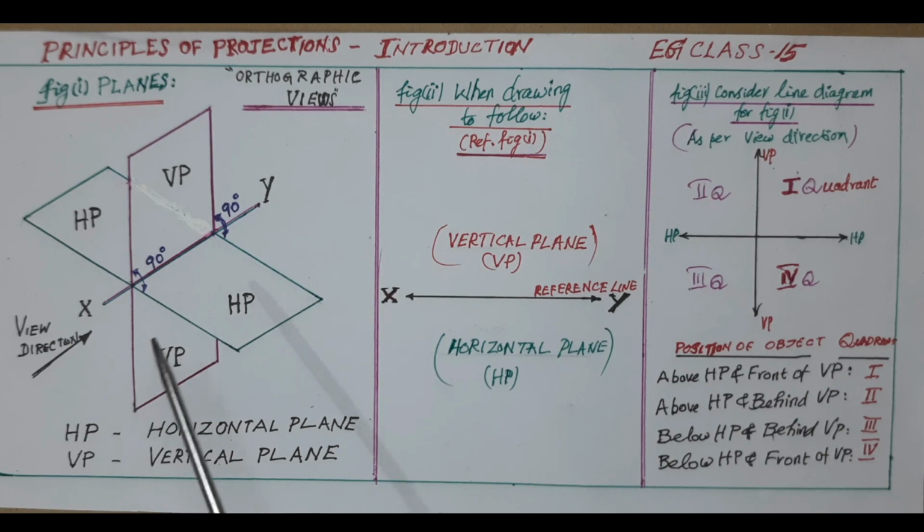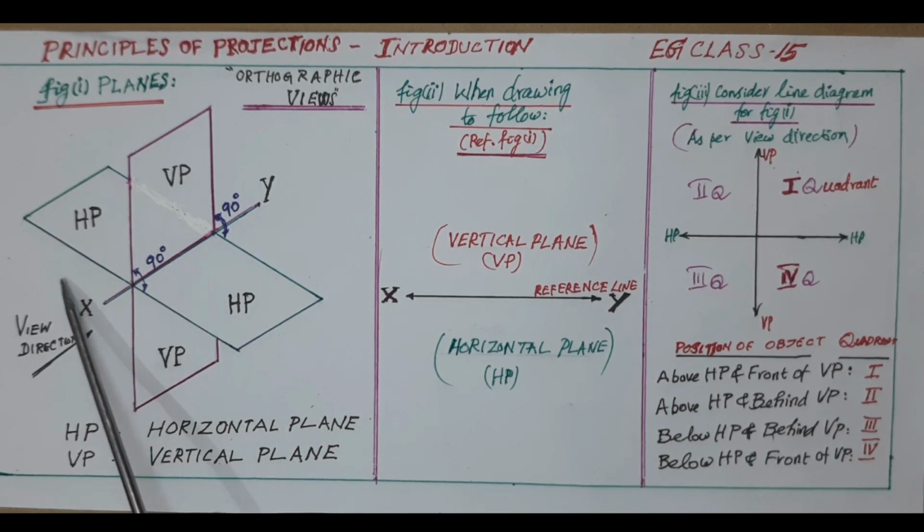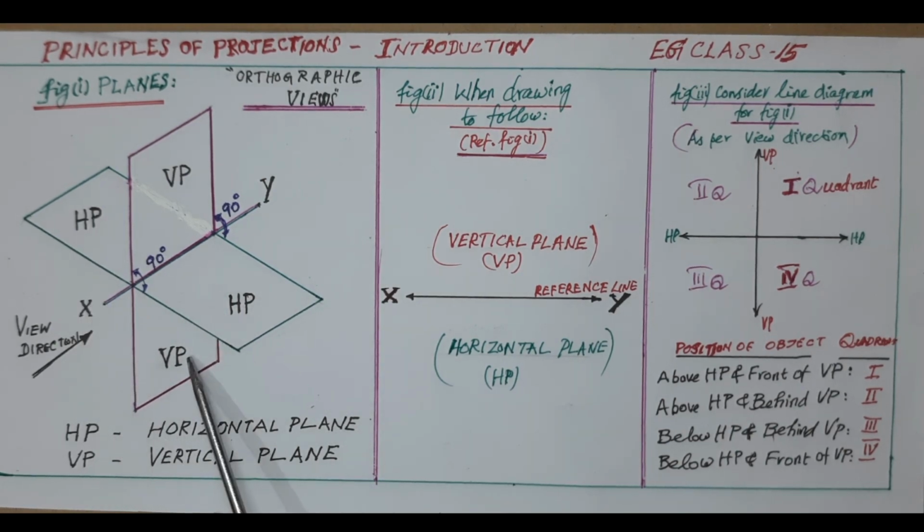Then next, above HP but behind VP, it comes in the second quadrant. Next, below HP and behind VP, that is the third quadrant. Then below HP and in front of VP, it is the fourth quadrant.